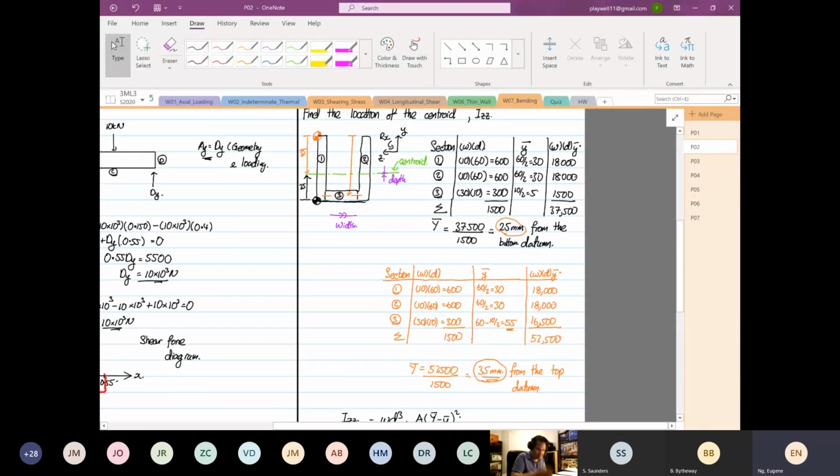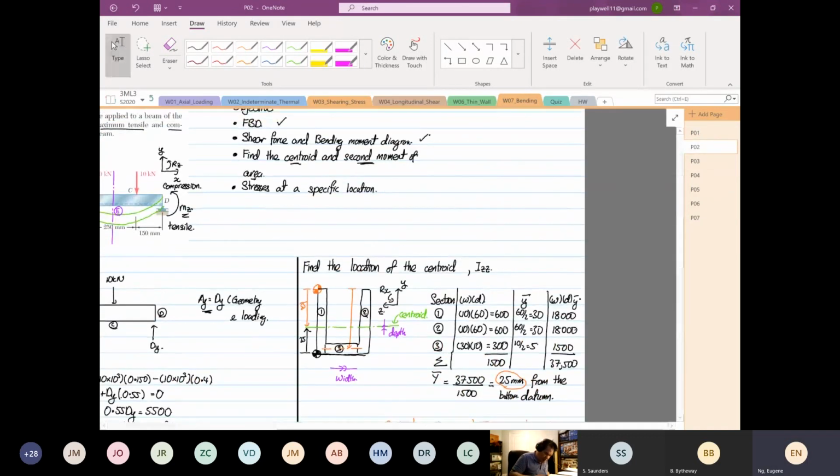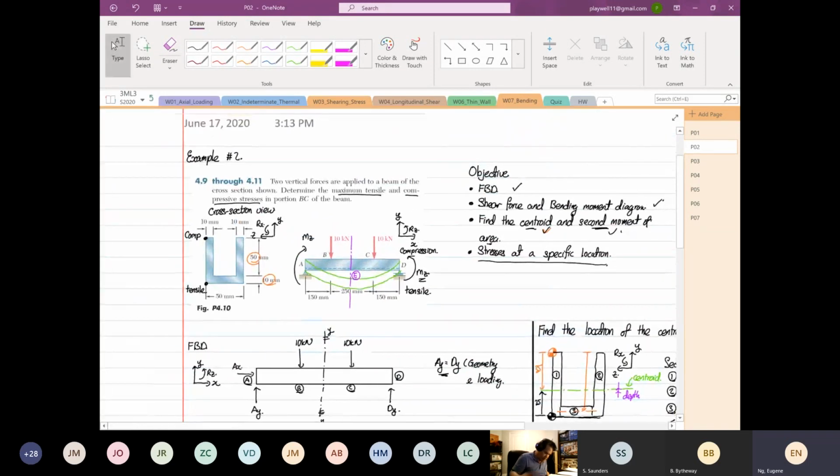Okay, so where we are now in solving this problem, we found our centroid, and we found our second moment of area. So now we want to look at stresses at a specific distance. Again, I'm going to copy this whole thing and bring it over.